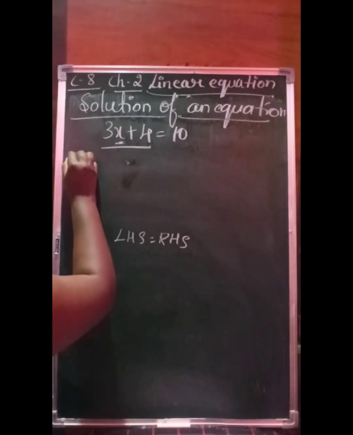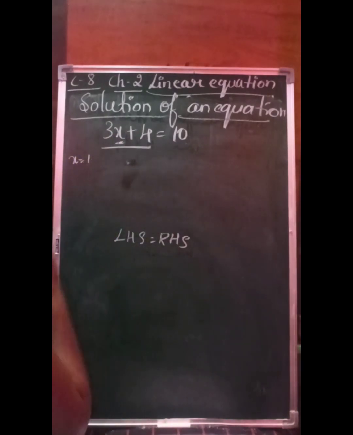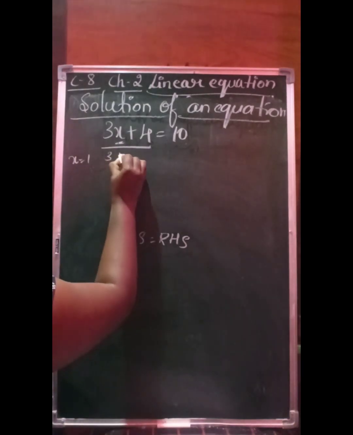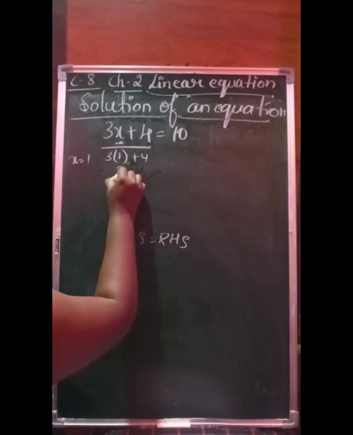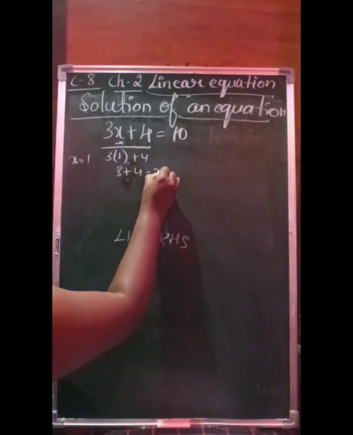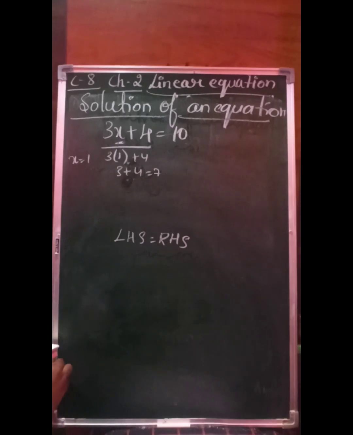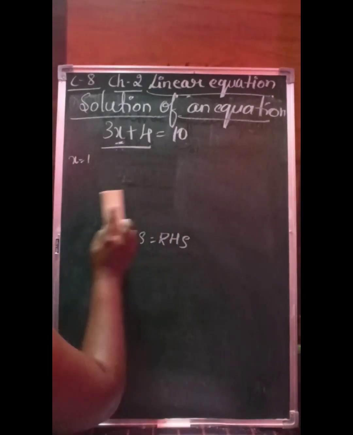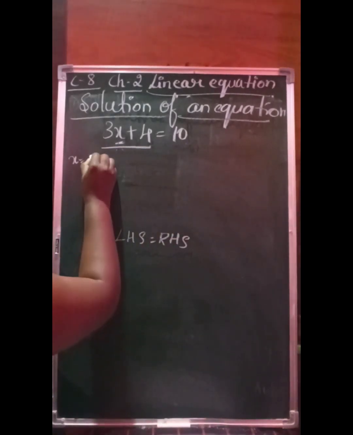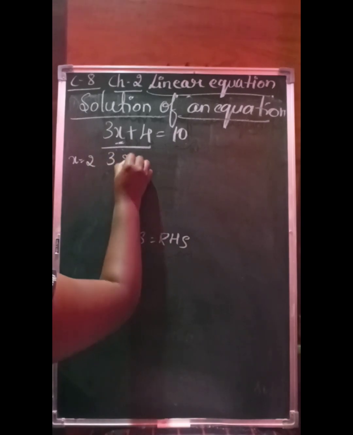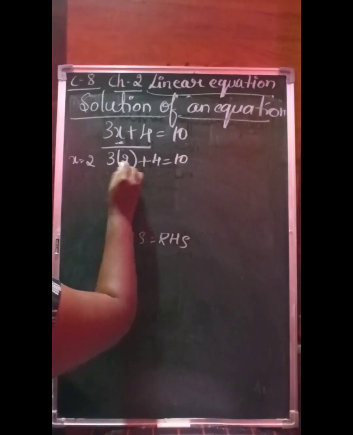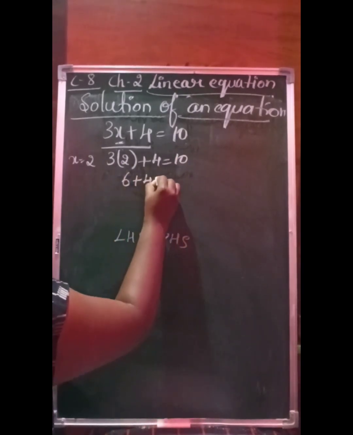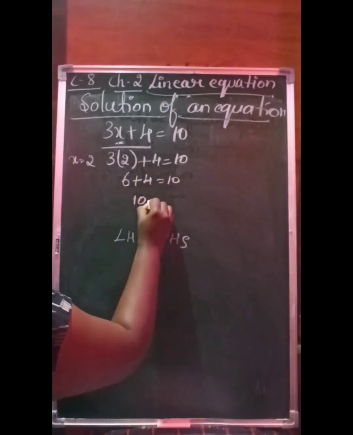Try to consider x equals 1, and try whether you will get 10 on the left hand side. Substitute x equals 1: 3 into 1 is 3, plus 4, it becomes 7, right? So it is not possible. Now consider x equals 2, substitute in the place of x and solve it. 3 2s are 6, plus 4 equals 10. So 10 equals 10.